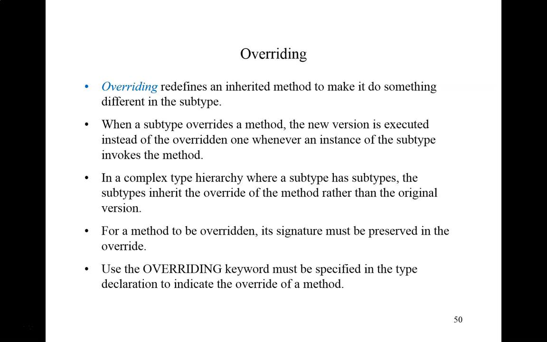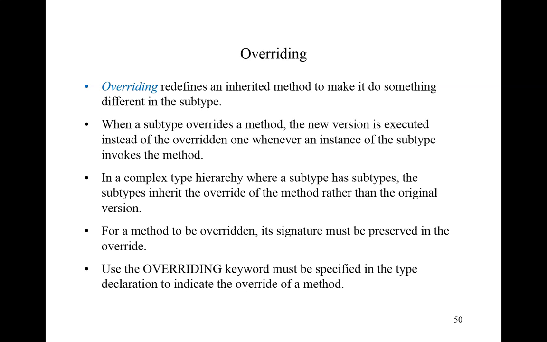So when a subtype overrides a method, the new version is executed instead of the inherited version that had been overridden. This happens whenever an instance of the subtype invokes the method with that name. In a complex type hierarchy where a subtype has subtypes, the subtypes inherit the override of the method rather than the original version.